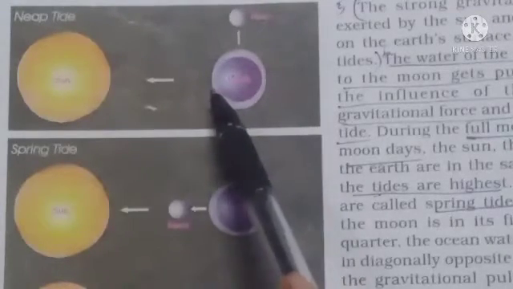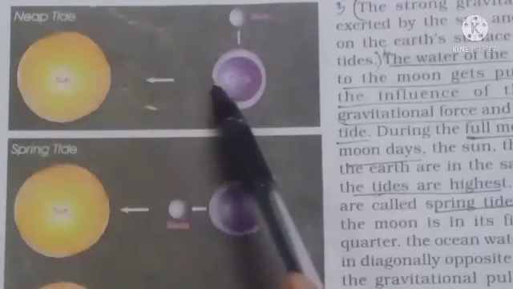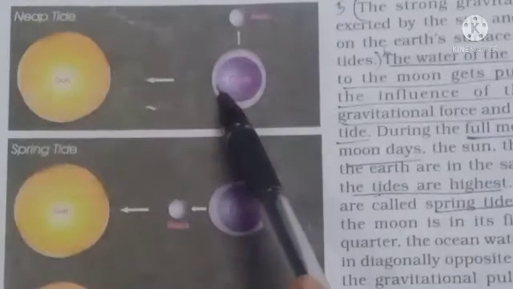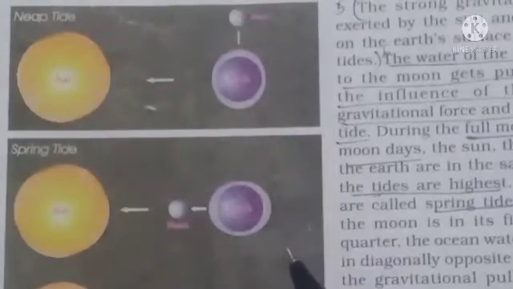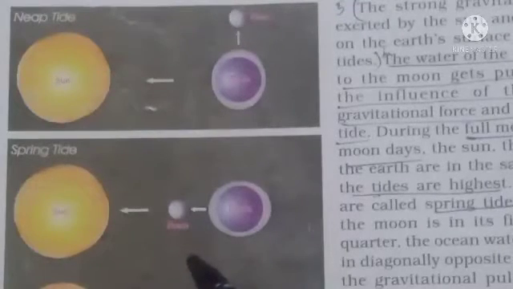So, when it moves towards the sun, the height of the waves will increase, tides will increase. That is called high tide, and the water will fall again back to the same place. It is called low tide. During the new moon and the full moon phases, when the sun, earth and the moon are in one line, we know that in the new moon, the sun, earth and the moon will be in one line.